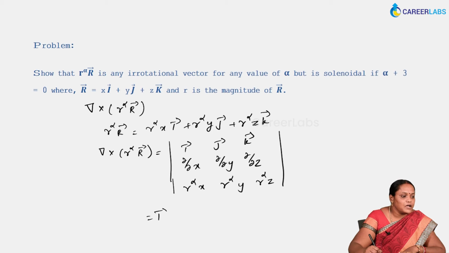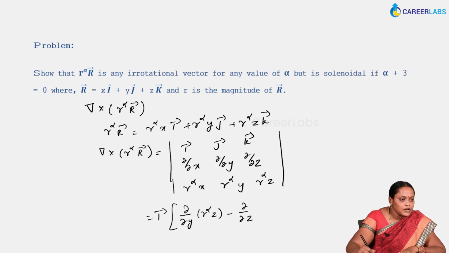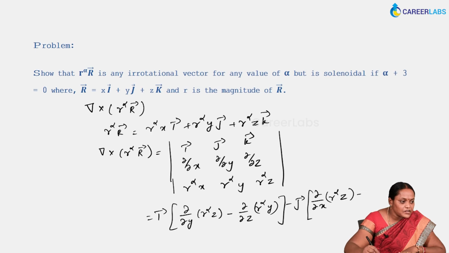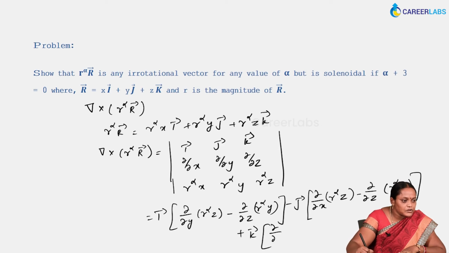So this is equivalent to i vector times [∂/∂y of (r^α z) minus ∂/∂z of (r^α y)], then minus j vector times [∂/∂x of (r^α z) minus ∂/∂z of (r^α x)], then plus k vector times [∂/∂x of (r^α y) minus ∂/∂y of (r^α x)].